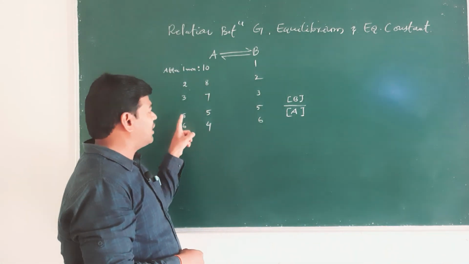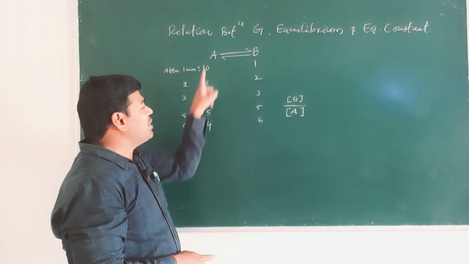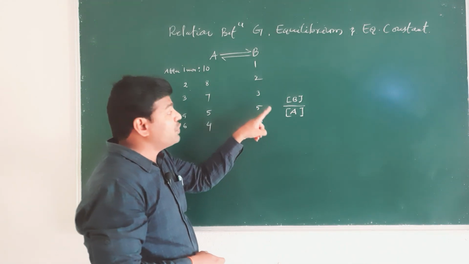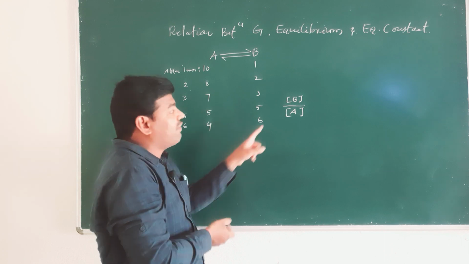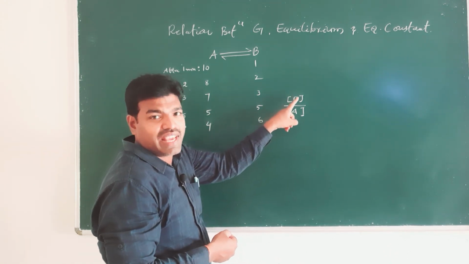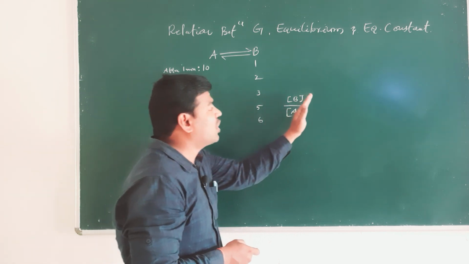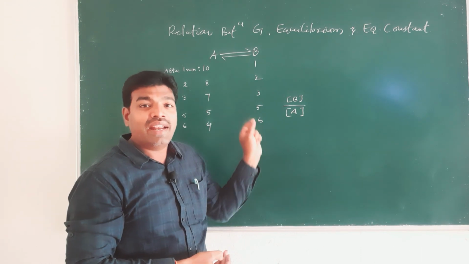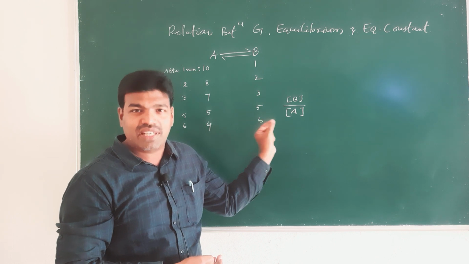For example, after 5 minutes of the reaction progress, A becomes 5 moles and B becomes 5 moles. That is, the ratio of the concentration of B to the concentration of A becomes constant.